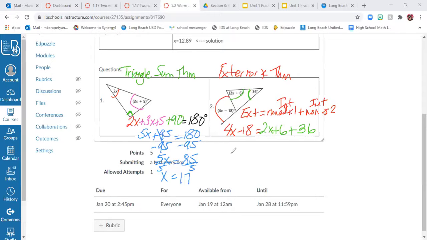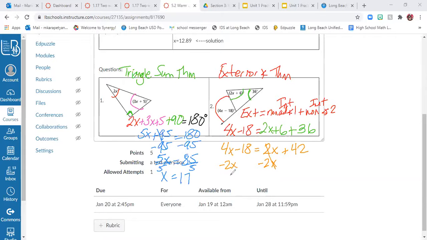Easy peasy. Okay, so then we go on to solve this. We have 4x minus 18 on this side. Over here, I have some common terms. So I have 2x, and then 6 plus 36 is going to give me 42. Then I'm going to move things over to combine my terms.